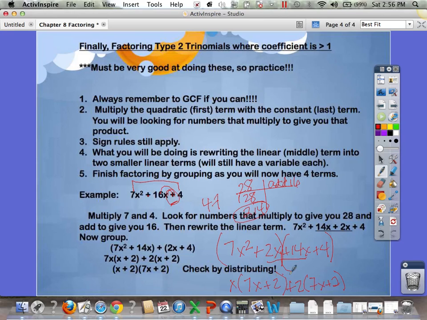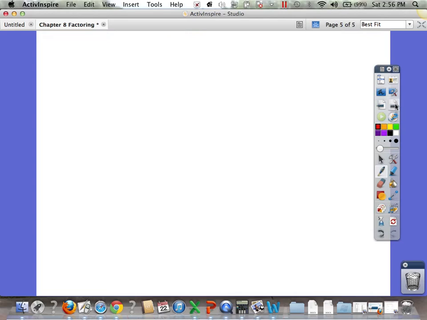So these are the same. We know we did it right. Then you put your leftovers together and one of your repeaters. And now you have factored a type 2. Okay? Just takes practice and knowing these rules.